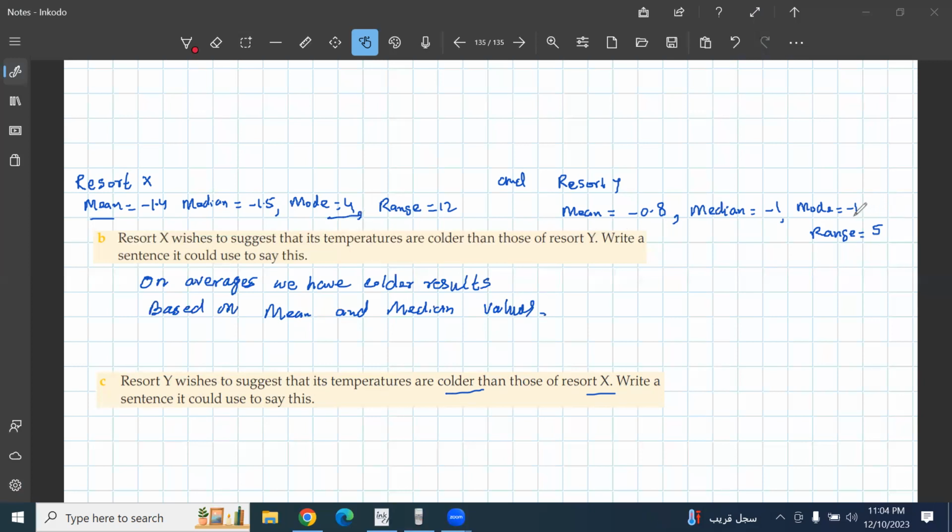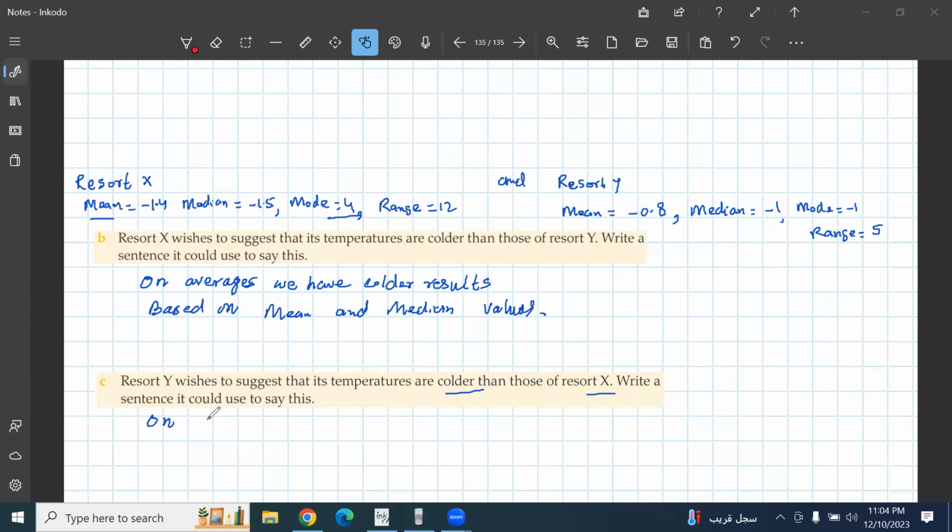So negative 1 is colder. As well, if you check the range, it is more consistent and reliable, the spread of data is very small. So on the basis of mode and range, we can say that resort Y is the better option.